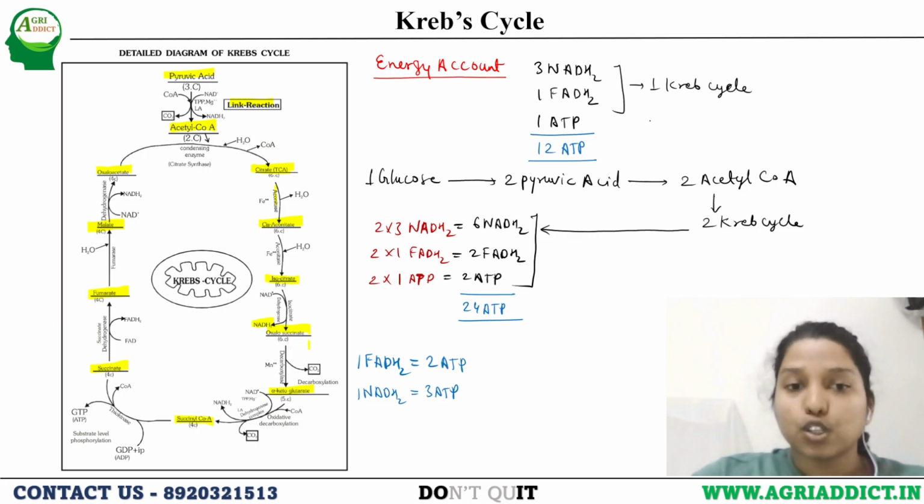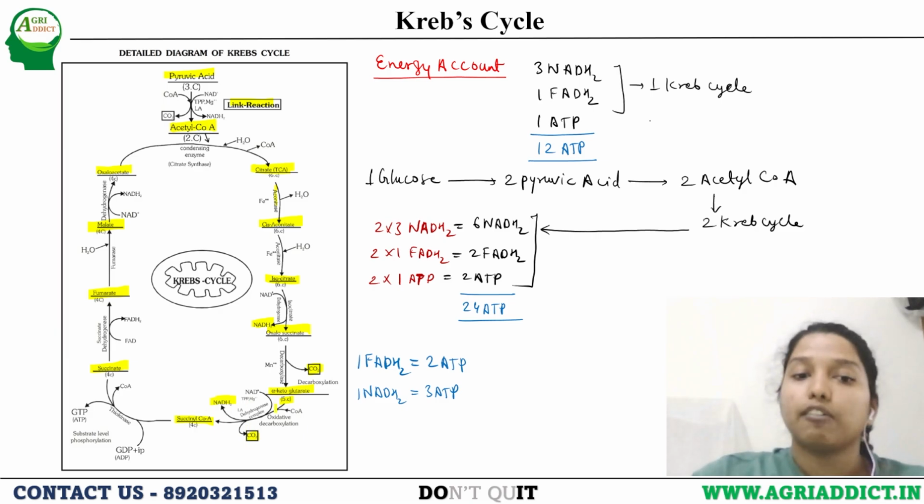Now, this oxalosuccinate is getting converted into alpha ketoglutarate. Here one carbon dioxide is removed; oxalosuccinate was a 6 carbon compound, whereas alpha ketoglutarate is a 5 carbon compound. Here one coenzyme A will be added and one CO2 will go out, and one energy is formed in the form of NADH2.